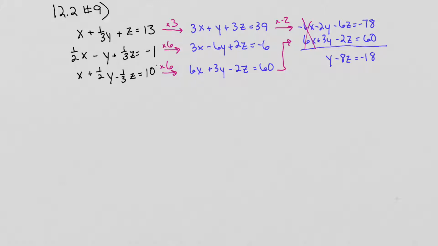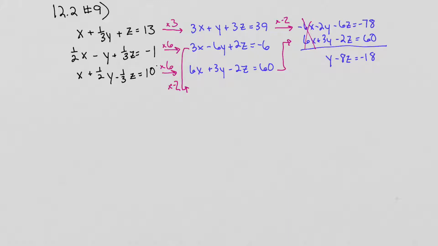Now do the same thing with 2 other equations. So you have to use the middle one because you did not use that yet. So I'm going to use the middle one times -2. I can write it right underneath, can't I? I can take the middle one times -2 and just write it underneath the third one. And then I'll add the middle one times -2 to the third equation.